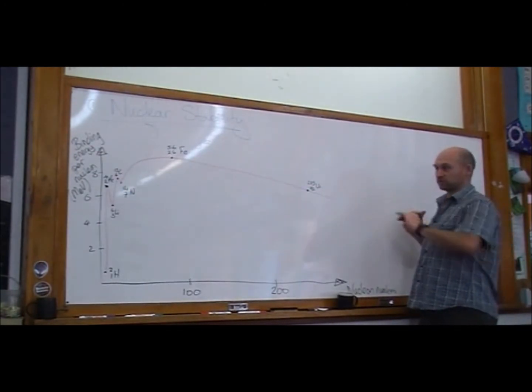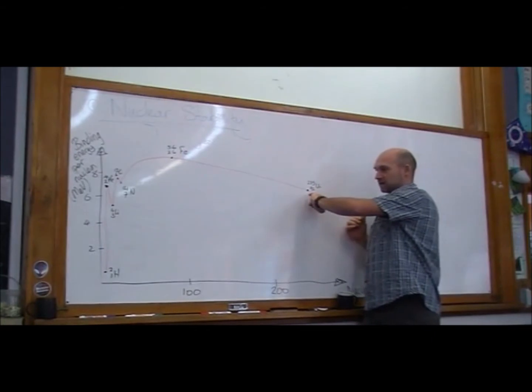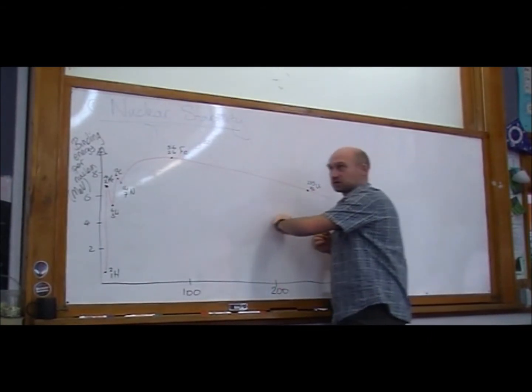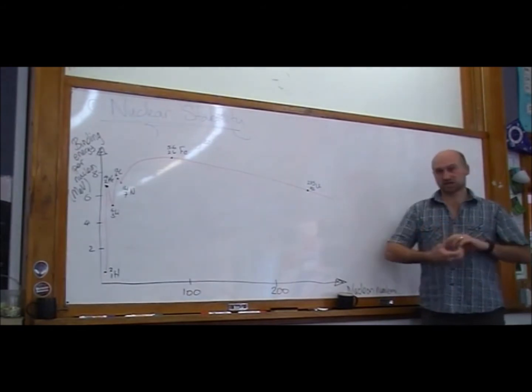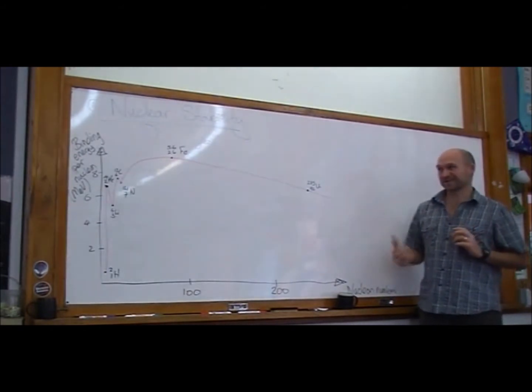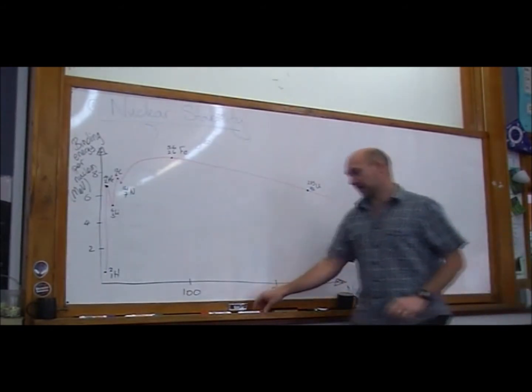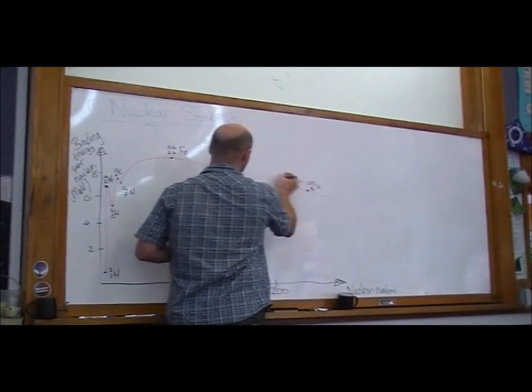Because we've moved from a lower binding energy per nucleon to a higher binding energy per nucleon, that difference in energy has to be emitted over the reaction. So that's how we get energy out of a fission reaction.